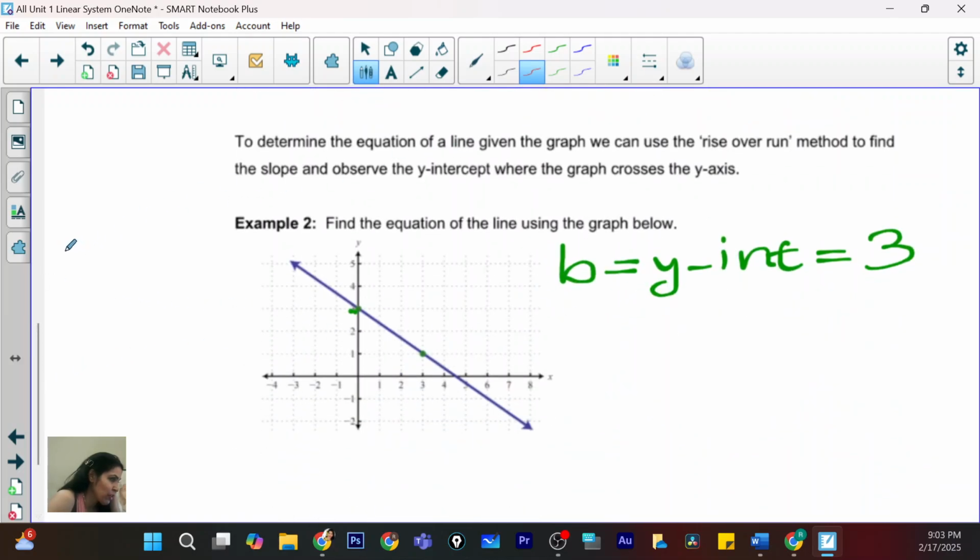The equation of the line is y equals mx plus b, and we have b here: b is 3, and m is equal to rise over run.